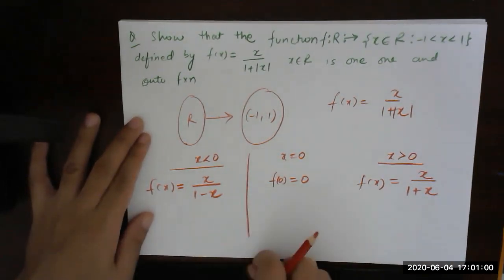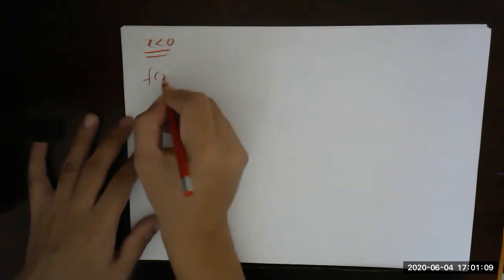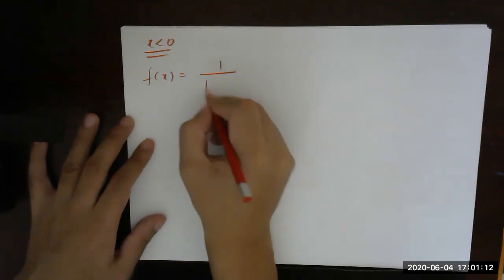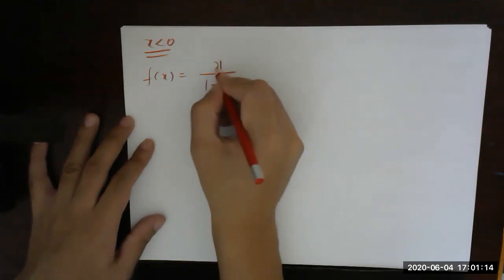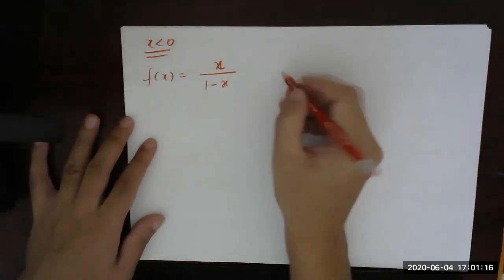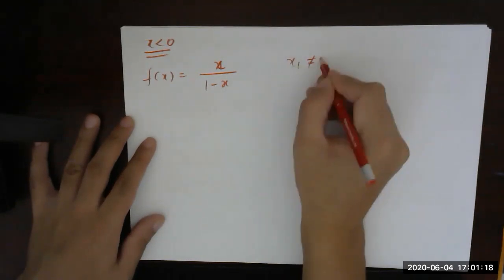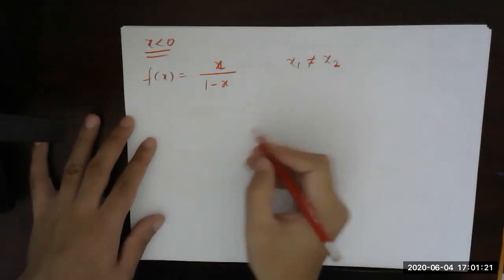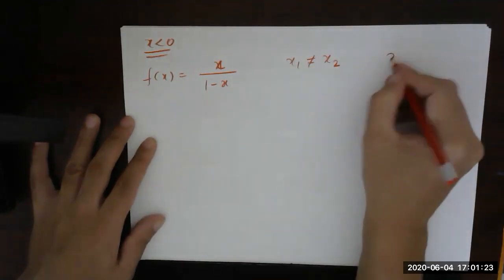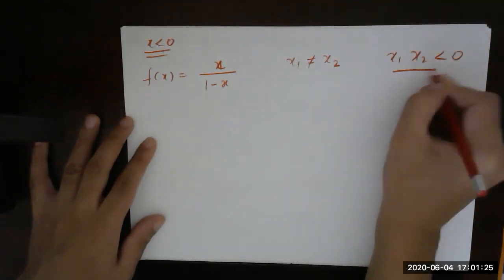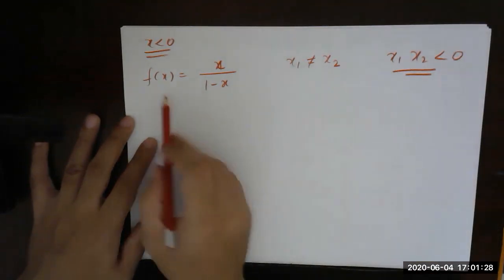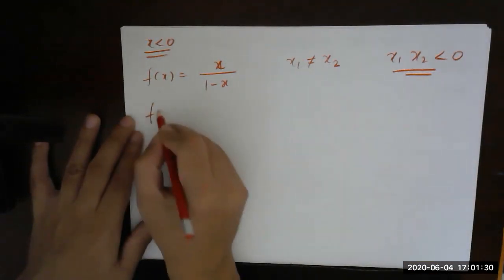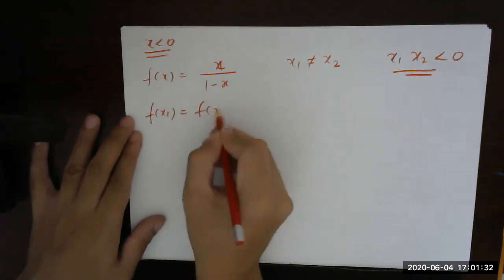So for x less than 0, f(x) is x upon 1 minus x. Okay. So I will simply take x1 not equal to x2, both x1 and x2 less than 0, and I will simply equate f(x1) equals f(x2).